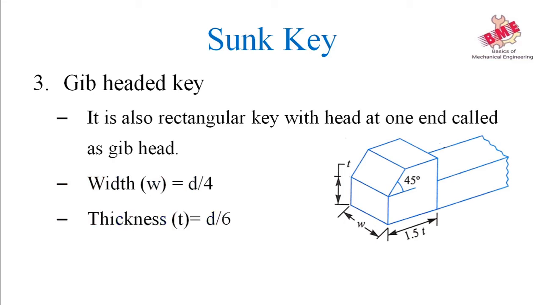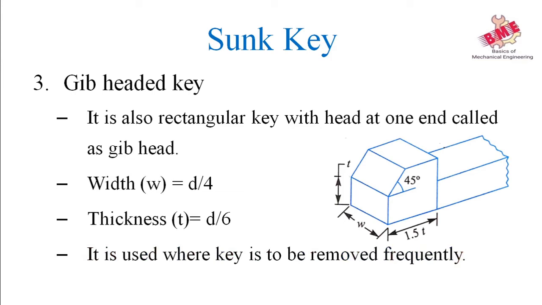Means w = d/4 for width, t = d/6 for thickness of that key. This key is used where key is to be removed frequently, because by grabbing that gib head we can easily remove that key from that joint of shaft and hub of that gear or pulley.